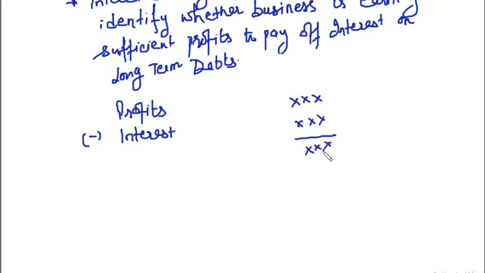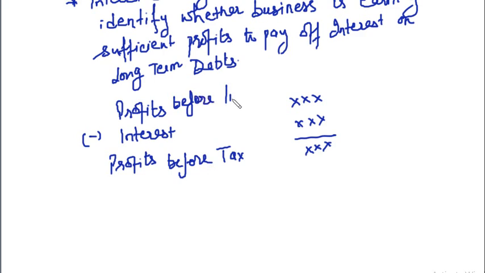This is what we call profits before interest and tax, right? Then whatever profits are left, on this you will pay tax to the government.